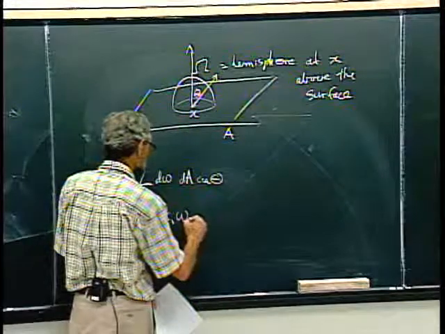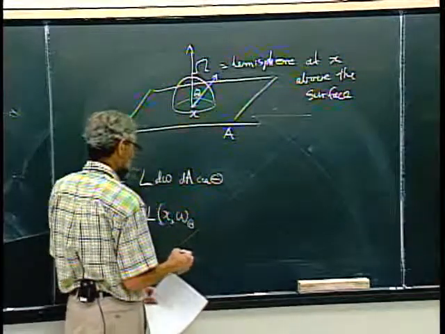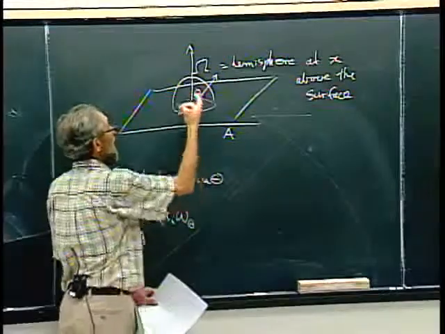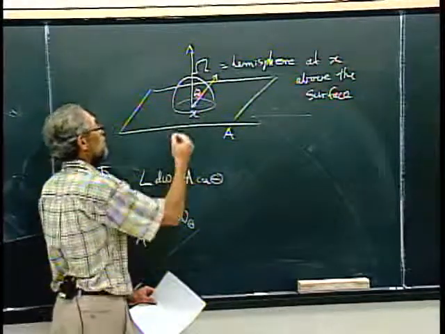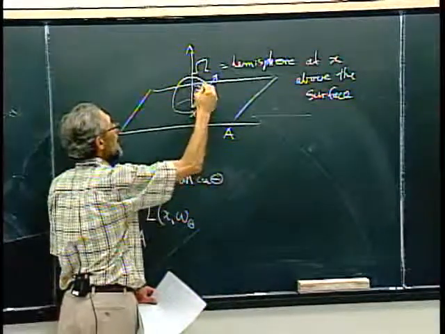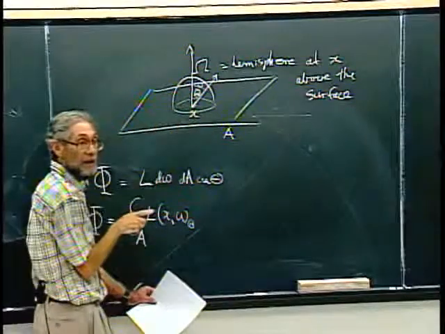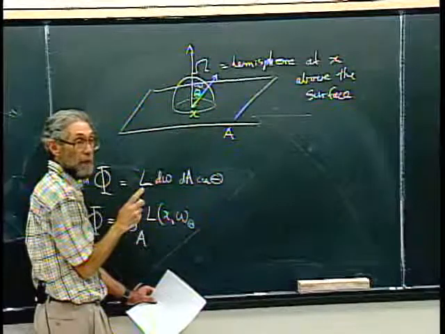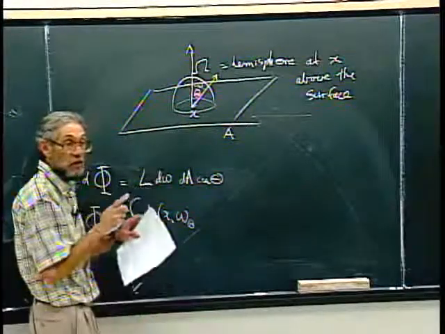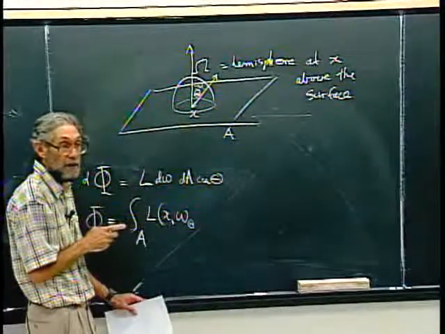Right now, small theta is the angle between this unit direction vector, capital theta, and the North Pole. And capital theta stands for an actual 3D unit direction vector.